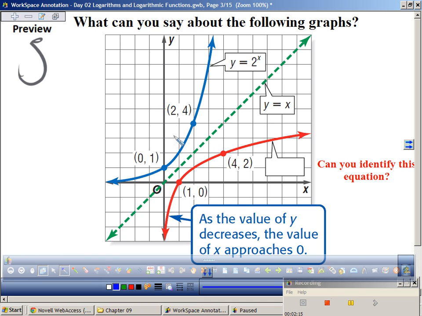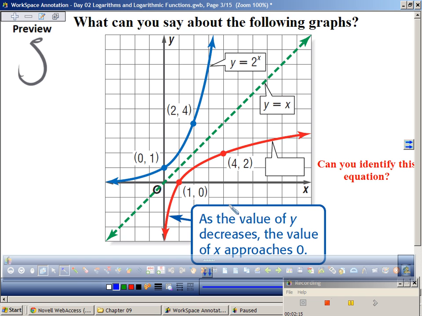Talk about what you already know, not any new information. If this point switches, this x and the y switch, what do we know about that? We did it in, I think, chapter 6. Inverses. They're inverses of each other.